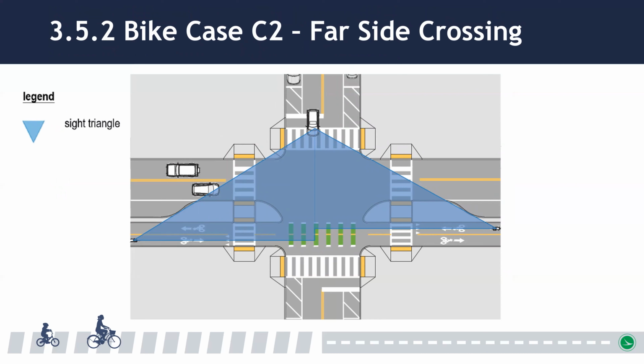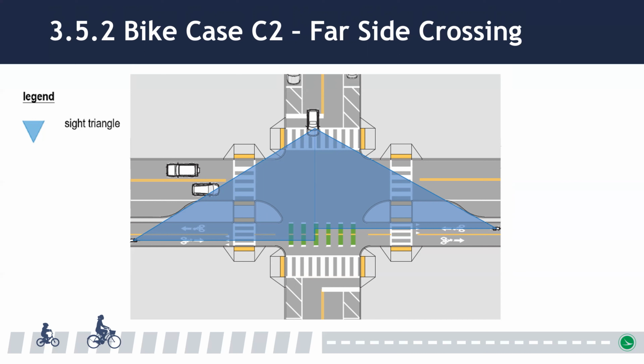Bike case C2 applies when a motorist crosses a far side separated bike lane or side path. When the motorist approach is stop controlled and the bikeway crossing is uncontrolled, the intersection sight distance described in the L&D Manual Volume 1, Section 201.3.2.3 should be used to calculate the departure sight triangle between the motorist and the intersecting bikeway.